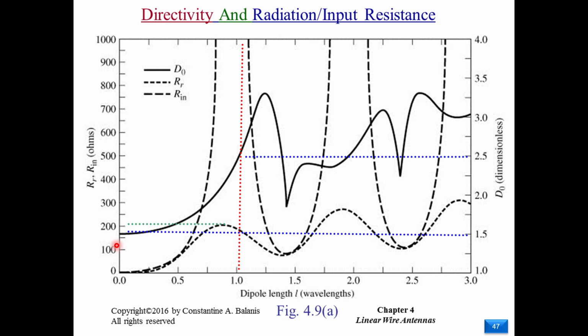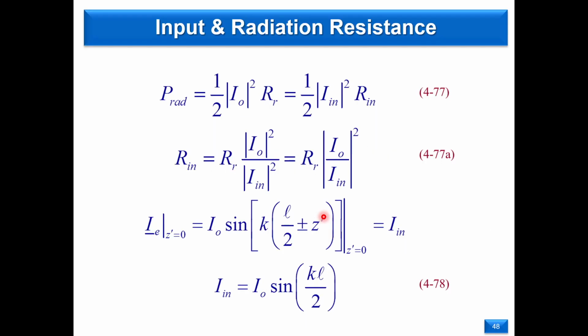The next homework that's going to be given next week is to regenerate this curve using a MATLAB routine from the formulas that we have just discussed. So the radiation resistance is related to the radiated power with this expression, and input resistance is also related to the radiated power with this expression here.